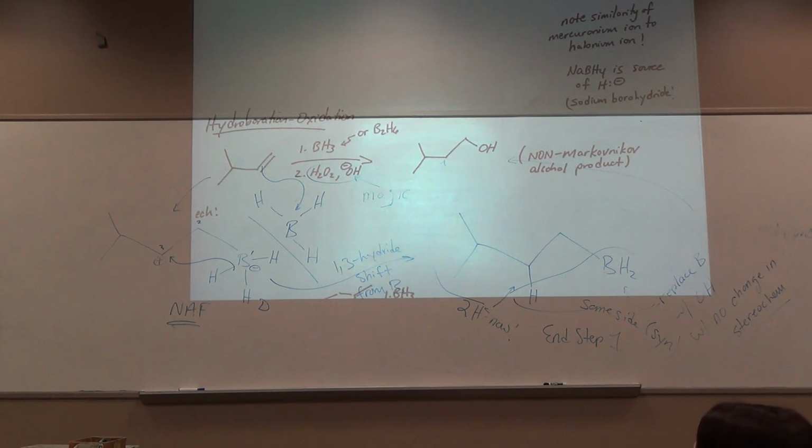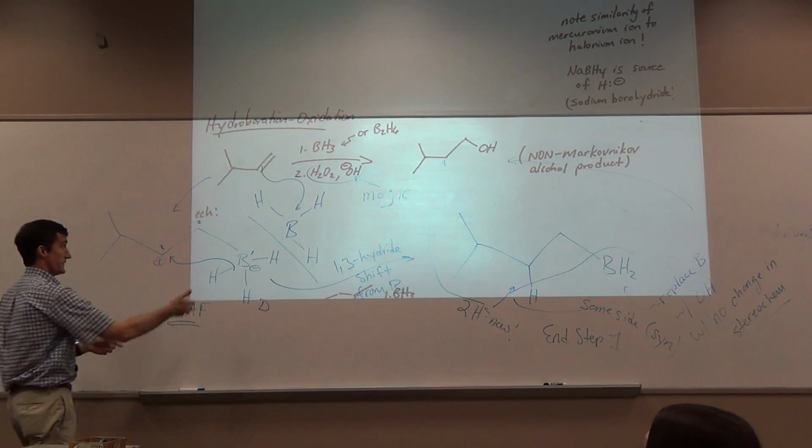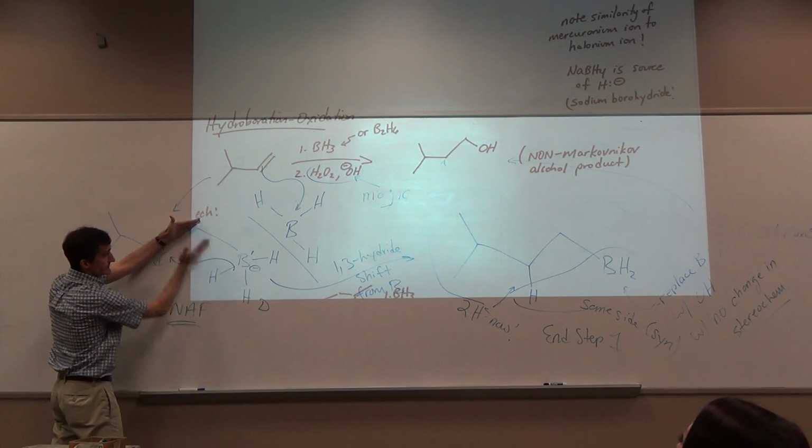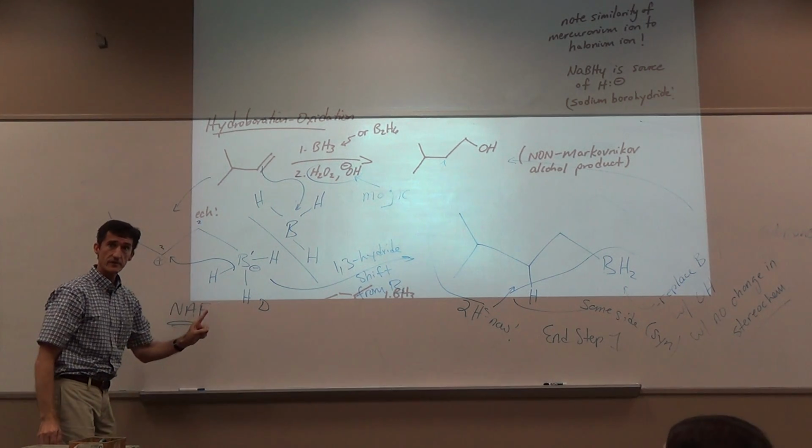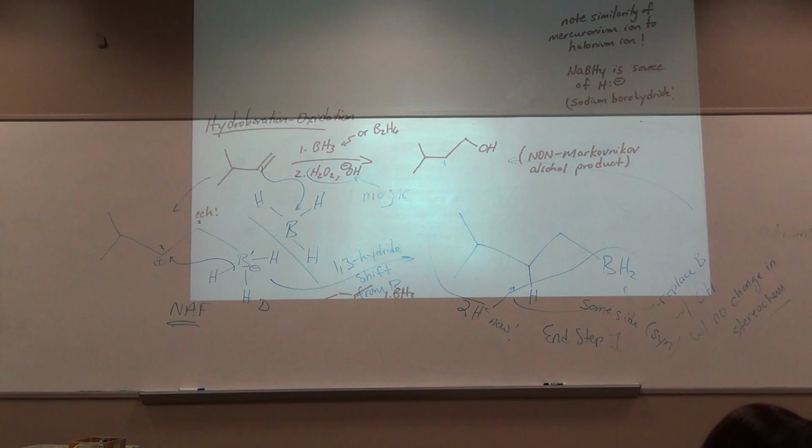At the same time, you make a bond to the other carbon. What side? My bond is forward. What side is his bond going to be on? Forward, because it came from him, unless you throw a curveball and bond on the backside. But it's not going to throw a curveball. The boron's on this side, the H gets thrown in, and it's on the same side. Just remember that once we do this again with stereochemistry, probably next week.